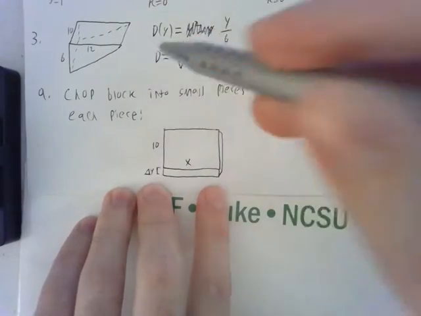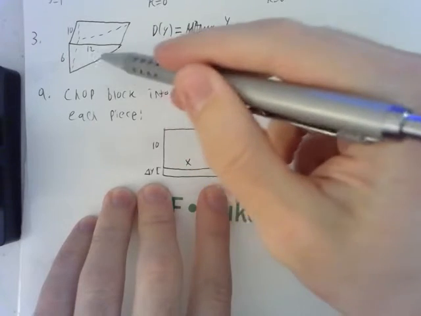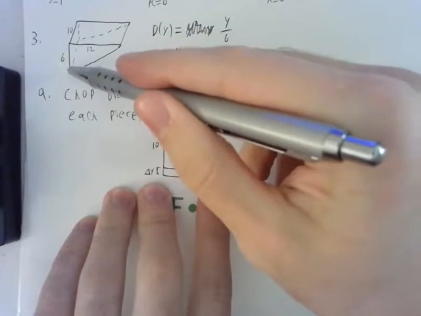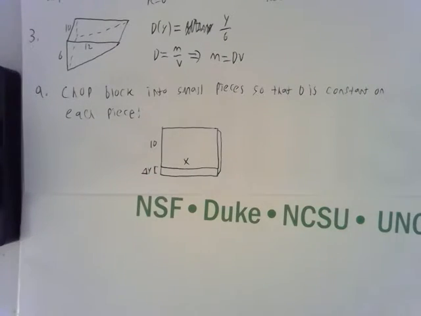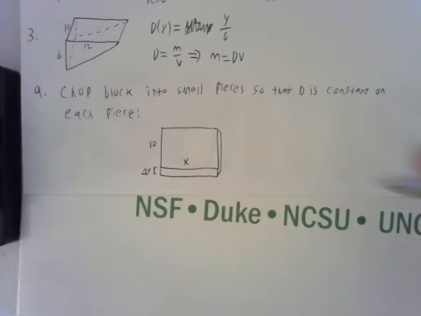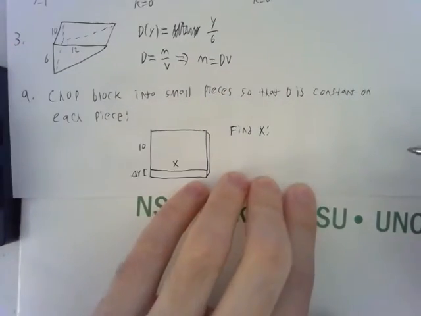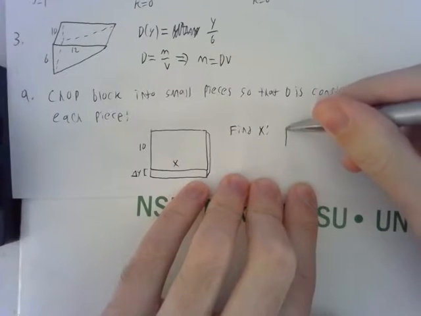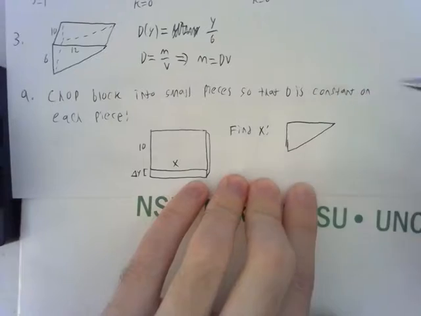So that means that since this side is slanting inward, this side of the rectangle is getting smaller and smaller as we move further and further down. So we're going to have to figure out what the value of x is. In order to do this, we can look at a cross-section of this thing.